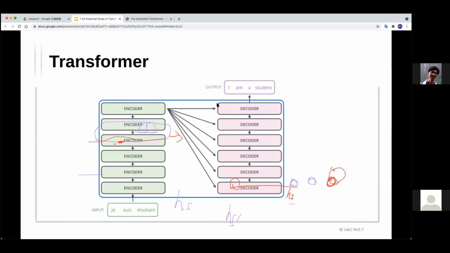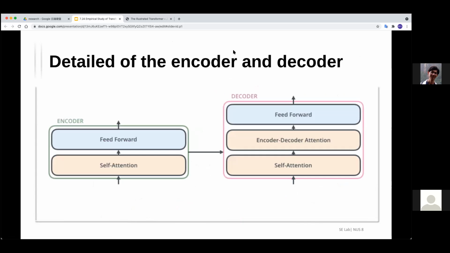Okay, so now we look at the transformer. Overall, we can see that this is quite similar to the encoder-decoder architecture. It just inputs the sentence to the encoder, a stack of 6 encoders, and then to a decoder, also 6 decoders, and finally gets a final output. But in the details, it is quite different.